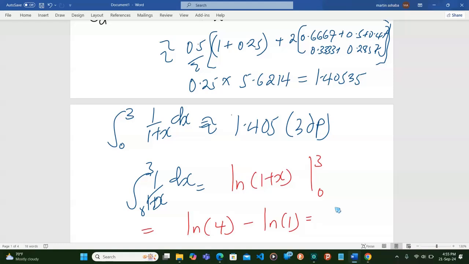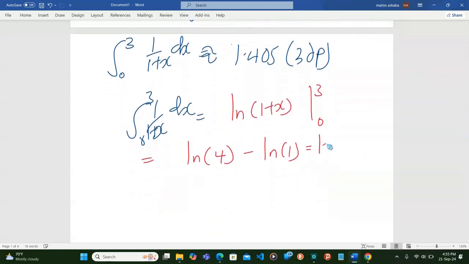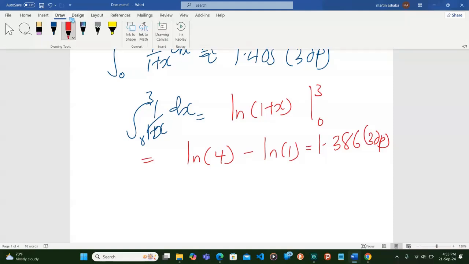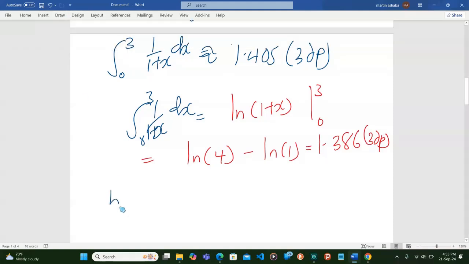So if I put it on my calculator, natural logarithm of 4 minus natural logarithm of 1, what do I get? I'm getting 1.386. This is 3 decimal places. So what is the error here? The error will be the exact one, 1.386 minus 1.405.